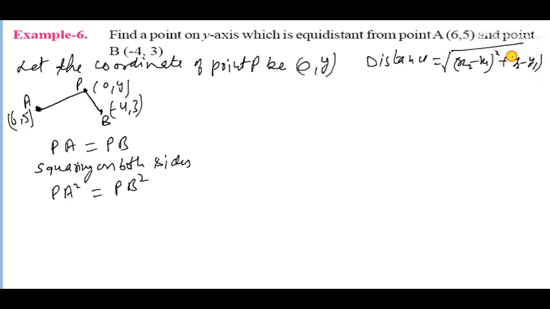Now both distances are equal. So you can write PA is equal to PB. Let us square both sides. So it becomes PA square is equal to PB square.